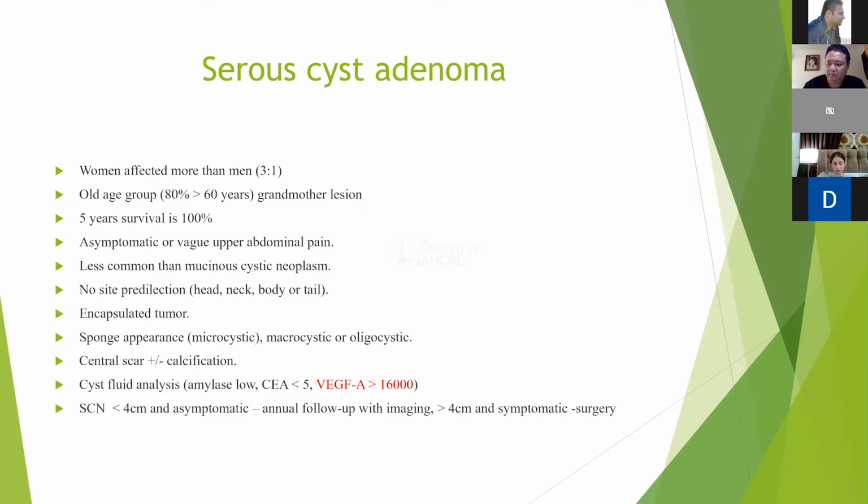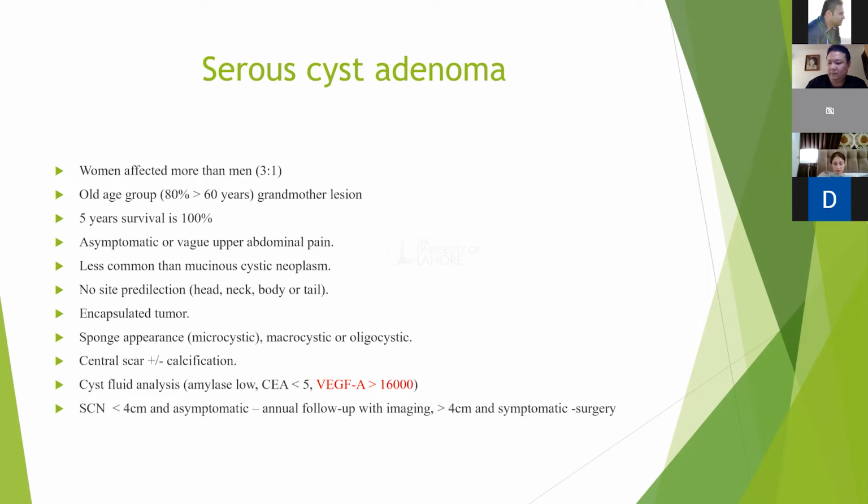If the cyst is difficult to characterize by imaging modality, we can send cyst fluid for analysis. In serous neoplasm, particularly, one of the most striking features is vascular endothelial growth factor, which is higher than in any other cystic lesion.